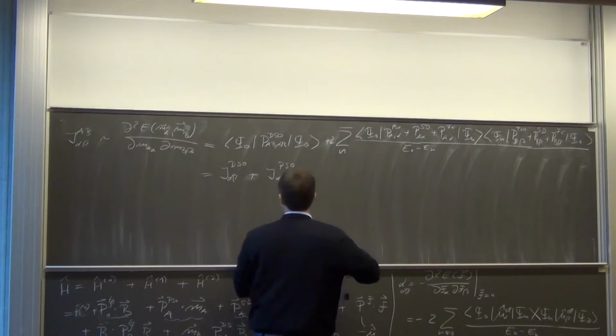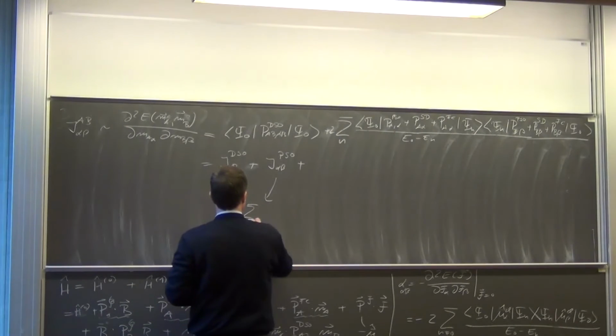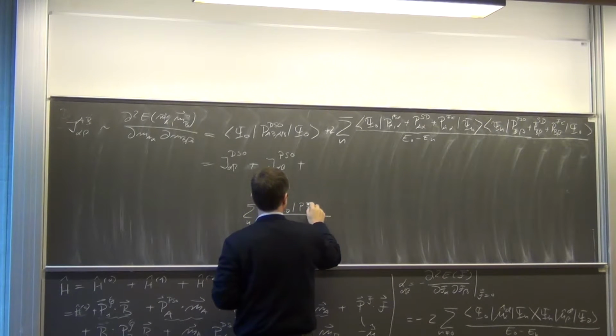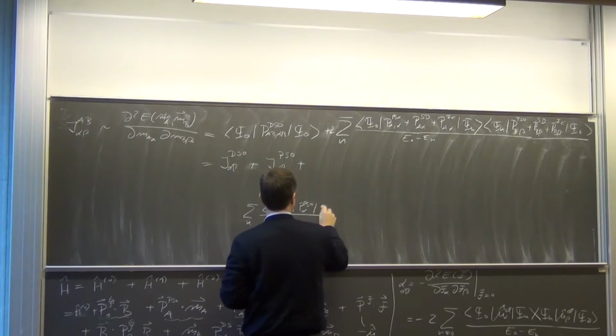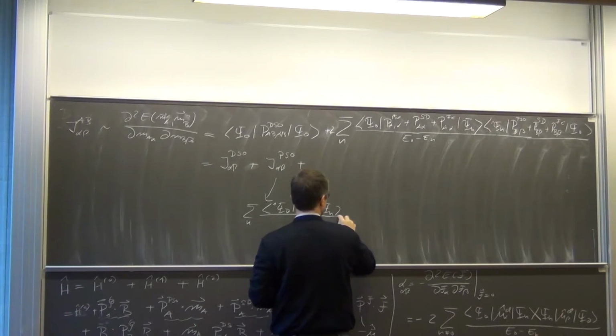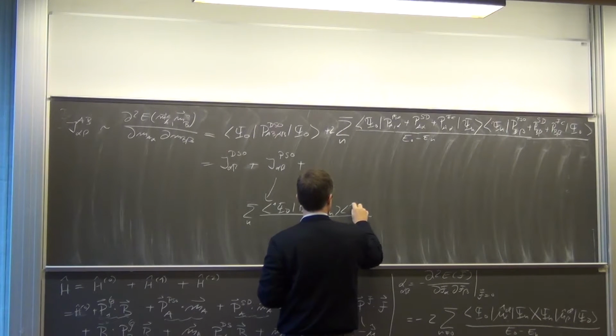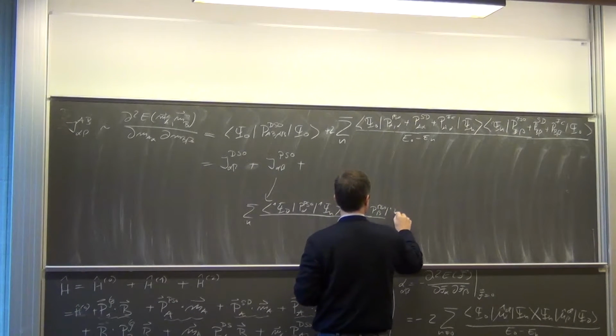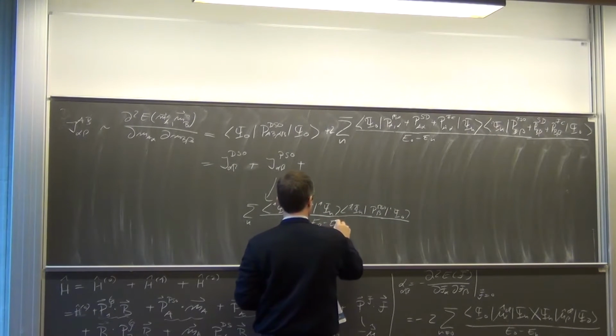So I have a singlet state, a PSO operator, alpha component, and again I have a singlet state here, PSO, beta component, and the singlet, E0 minus En.